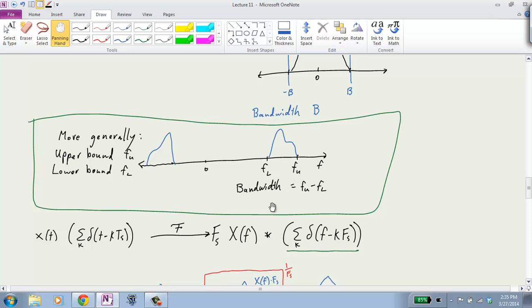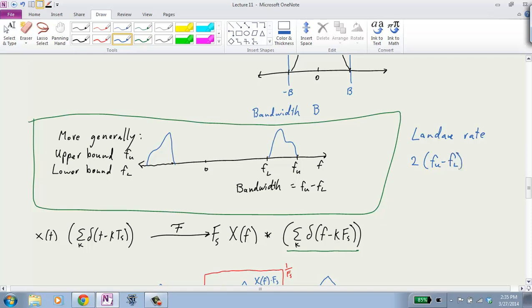There's another rate that's called the Landau rate. Let's write it here. Landau rate, let's say U, which is just the sum of all the interval widths that the spectrum is contained in. So in other words, here the Landau rate would be 2 times FU minus FL in this case.